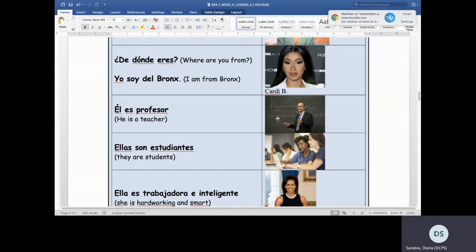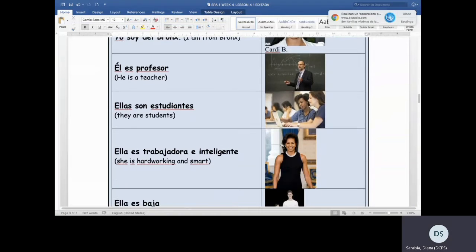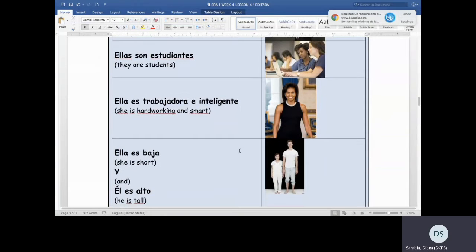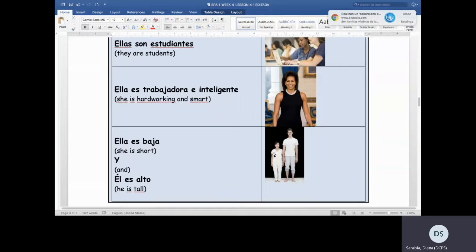Él es profesor. Ellas son estudiantes. We identify some personality traits. Ella es trabajadora e inteligente. And we also identify some physical characteristics. Ella es baja, él es alto.